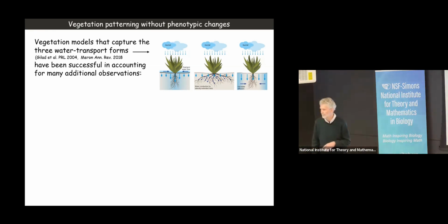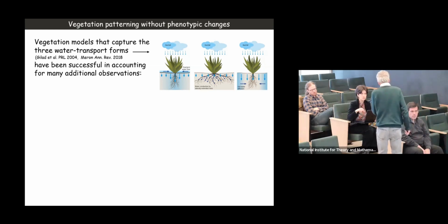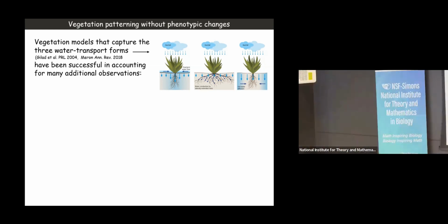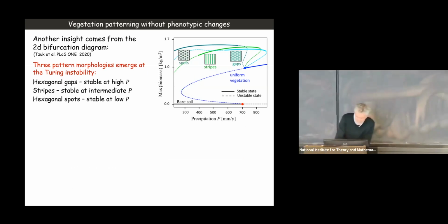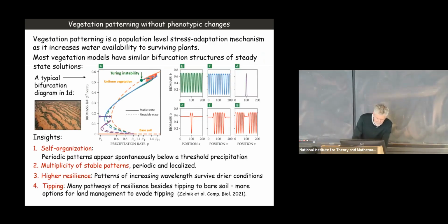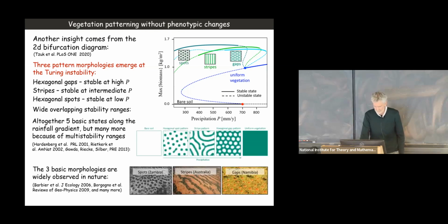In the plot, that was the local maximal biomass, or I think there was the L2 norm. No. Here it's maximal biomass, but here is the L2 norm in the 1D. So this is why it's different in these two diagrams.